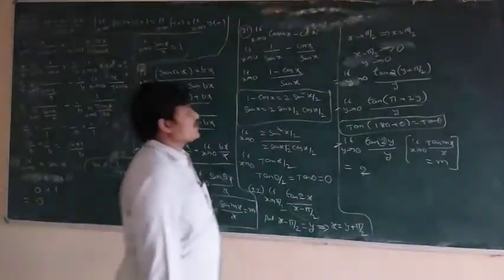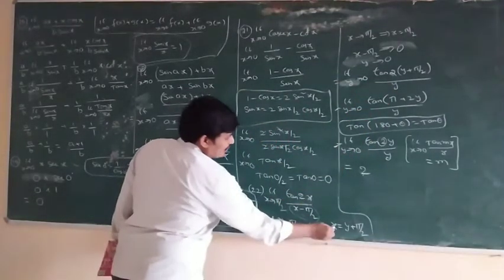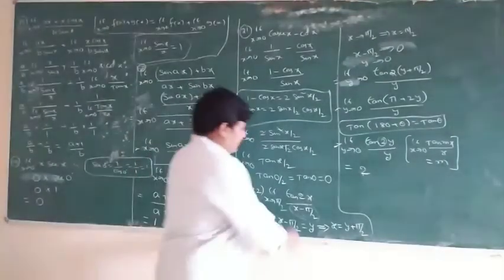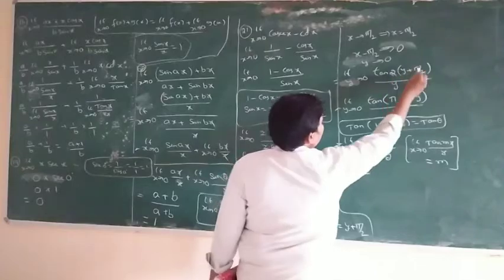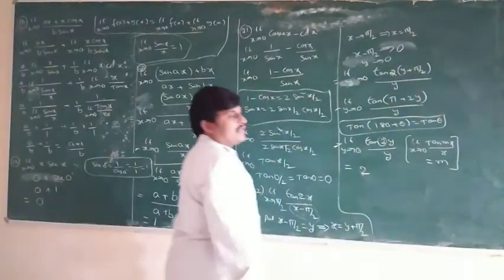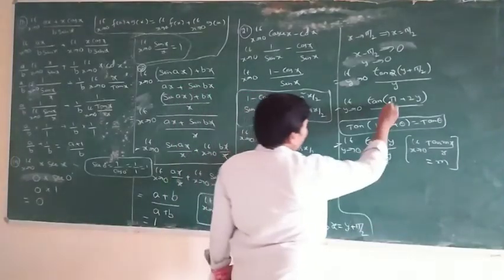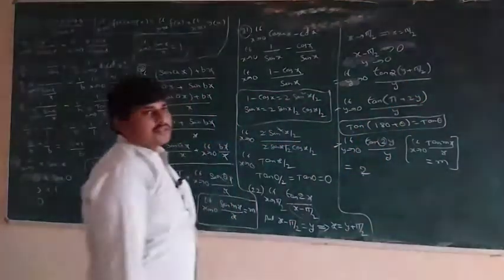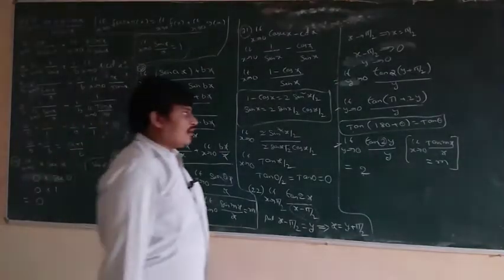So limit y tends to 0, tan 2 into (y plus pi by 2) by y. Multiplying, 2 into pi by 2 is pi, plus 2y. Tan of 180 plus theta in the third quadrant: all silver teacups, T for tan, cot.